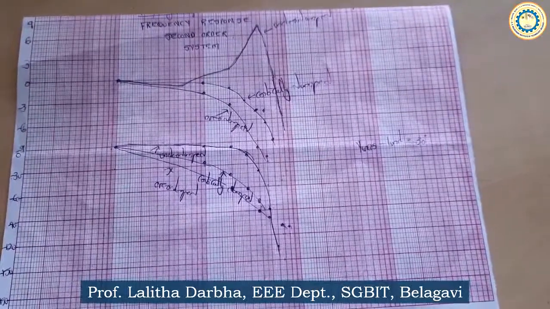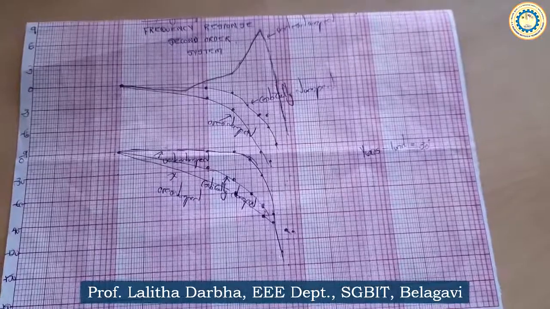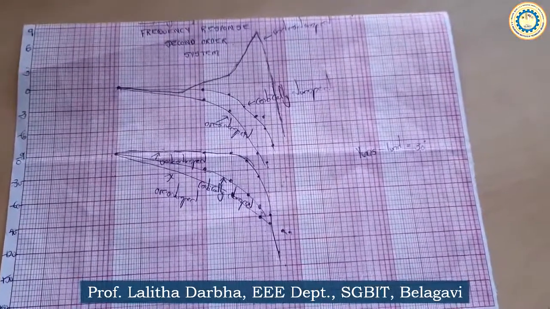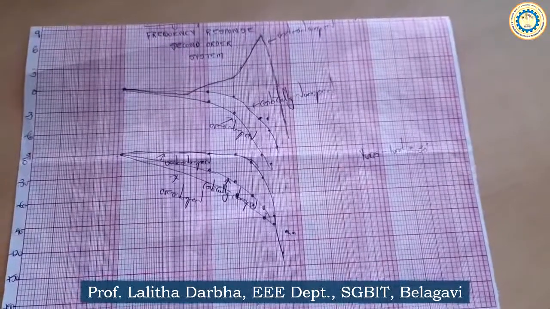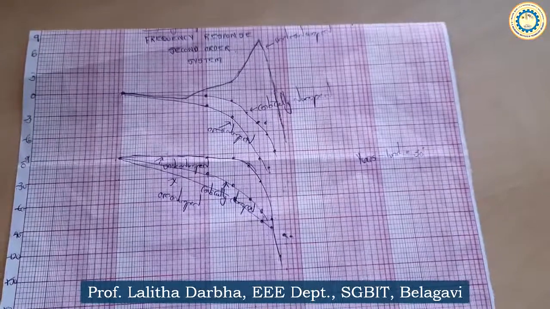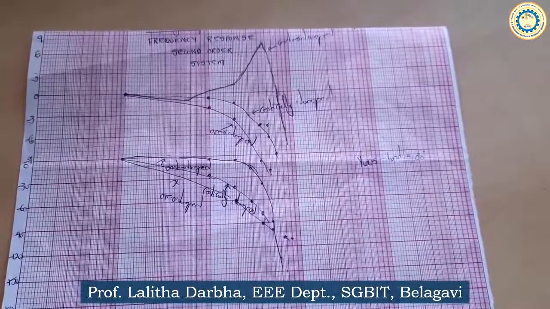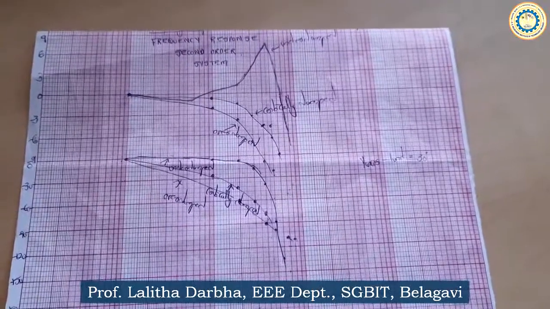So what is the application of this? For an unknown system, if we do not know the transfer function of a particular system, using frequency response characteristics you can get back using our Bode plot. This is actually a frequency response characteristic.